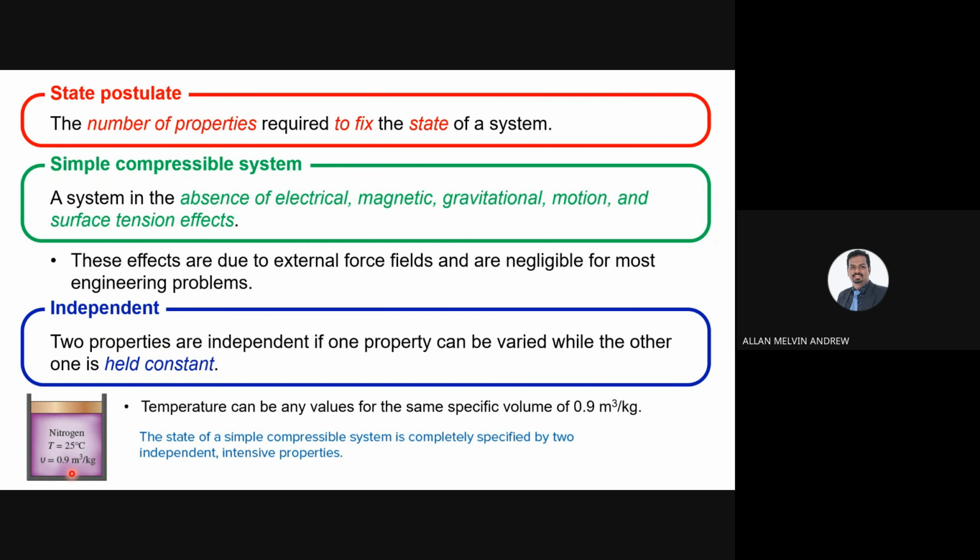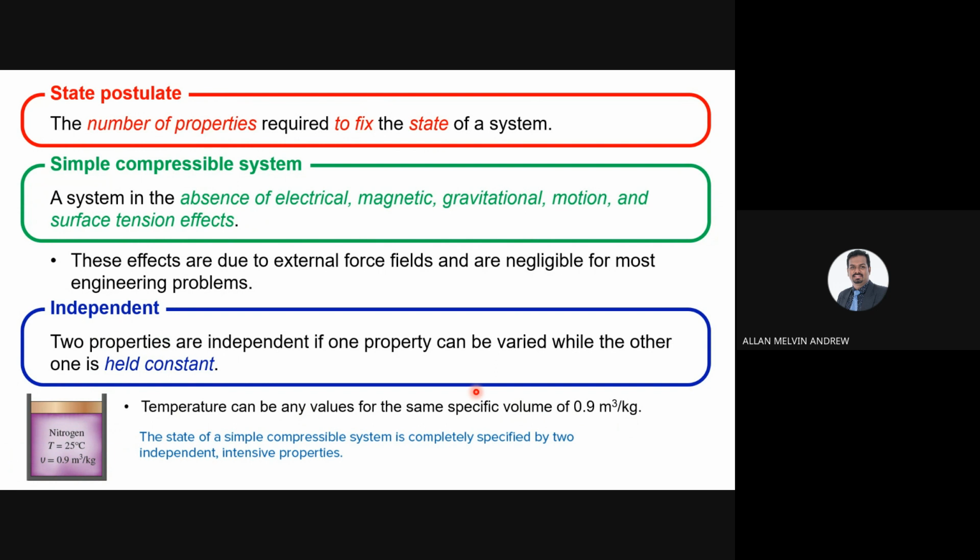In this system, you have a specific volume of 0.9 meter cube per kilogram, and the temperature is, let's say, 25 degrees Celsius, but you can change it to 20, 30, or 50 degrees Celsius, and the volume is not changing. So the temperature and the specific volume are independent of each other.